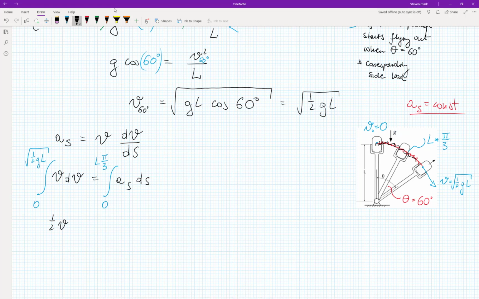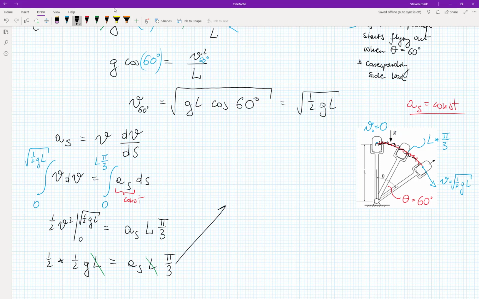We'll have 1/2 v squared from 0 to the square root of 1/2 gL, and this is equal to AS, which is constant, times L times pi over 3. So this will be 1/2 times 1/2 gL equal to AS L pi over 3. The L's cancel out.